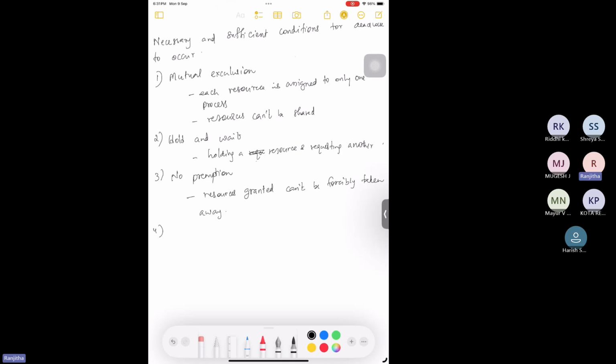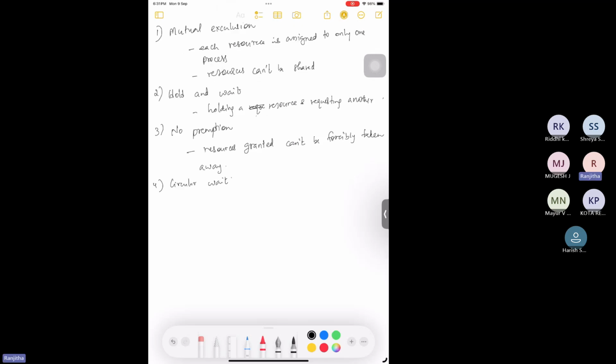The fourth one is circular wait. Circular wait means that there must be a circular chain of two or more processes.